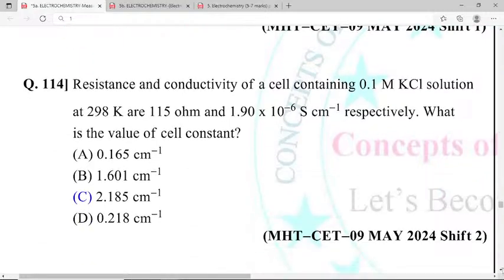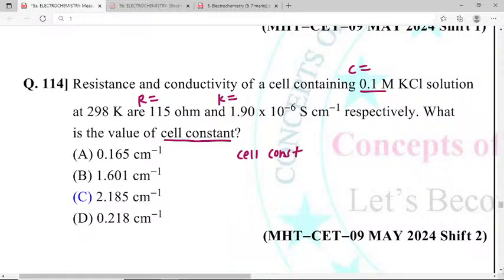Resistance and conductivity. So concentration given 0.1. Resistance also given R. Conductivity also given K. What is the value of cell constant? So cell constant is equal to conductivity into resistance. Conductivity is 1.90 10 to power minus 6, and resistance is 115.